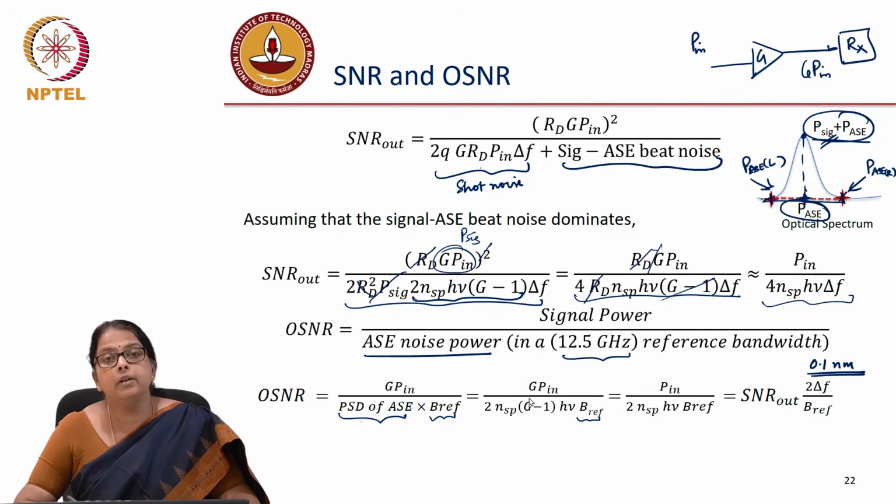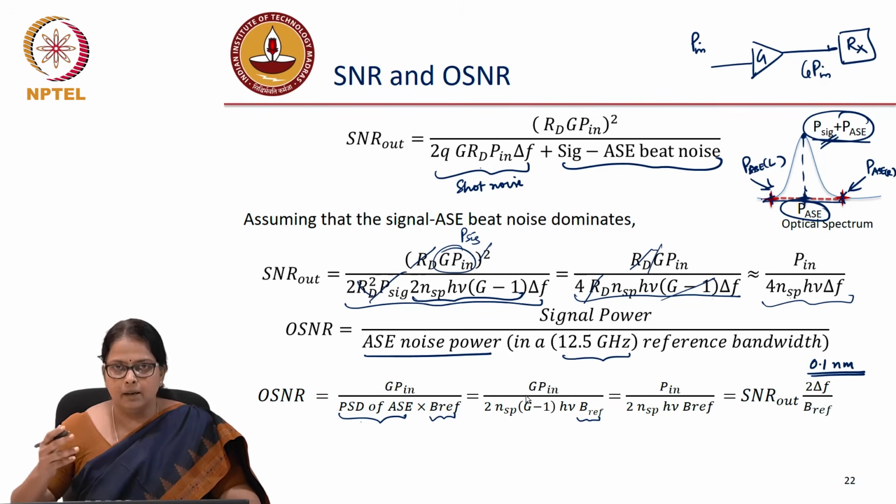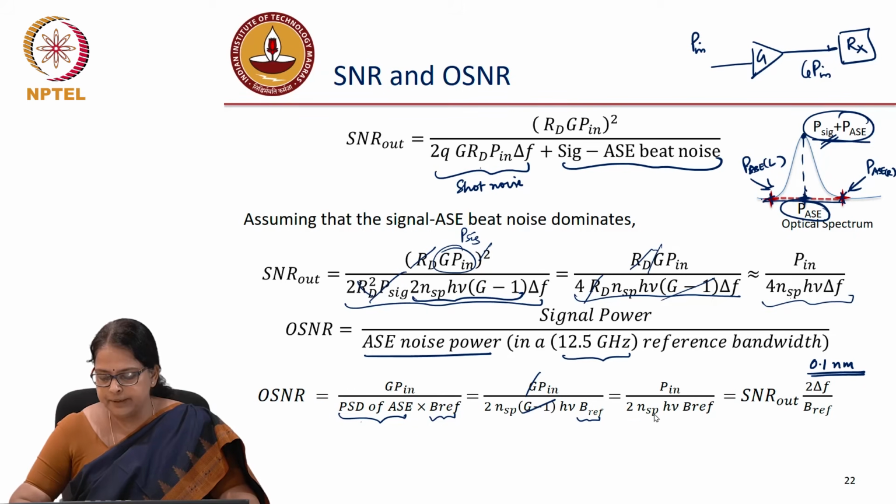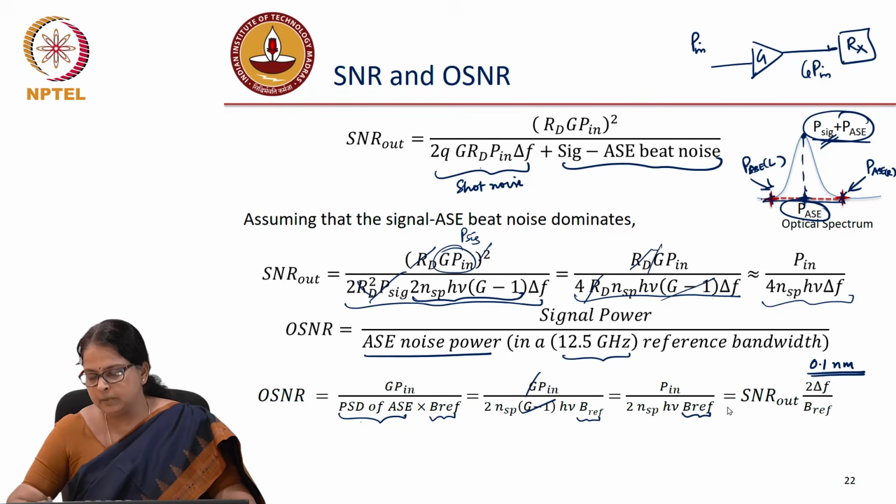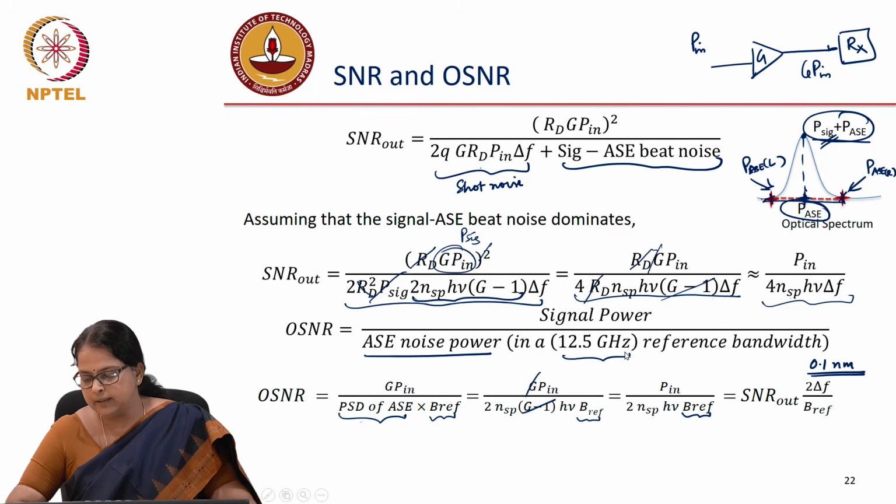Now assume we are operating the EDFA in a large gain condition, let's say the gain is 20 dB or the gain is 100. Then 100 divided by 99 is almost equal to 1, so you can cancel this. So you have P in divided by 2 nsp h nu B reference, and this B reference is 12.5 gigahertz.